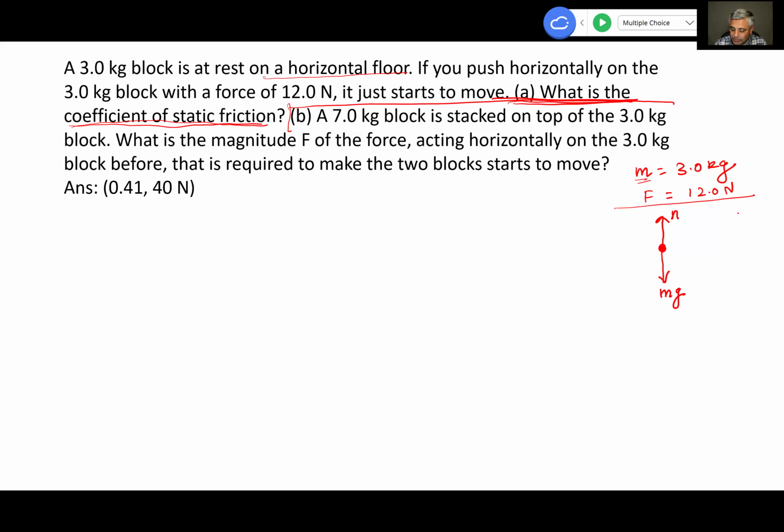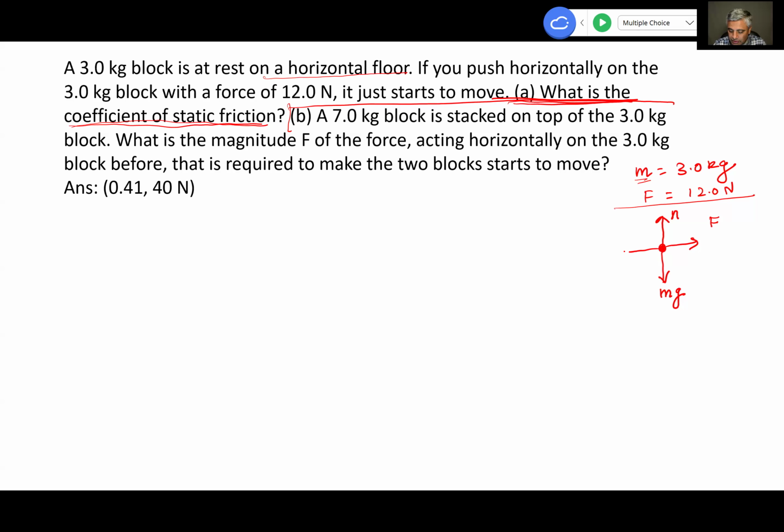And let's say it's being pushed in this direction. So that's the applied force, okay? So now if applied force is in that direction, that means the object is trying to move in that direction, right? Which means friction is in the opposite direction.